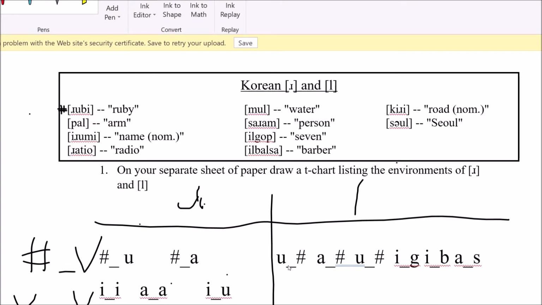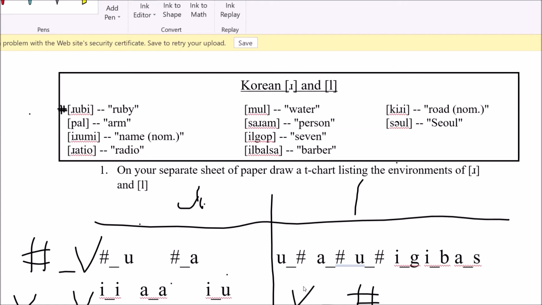I see 3 examples where it appears before a word boundary, the end of a word, and two of these are the same example. So we see 2 examples where they appear after a vowel and before the end of a word.